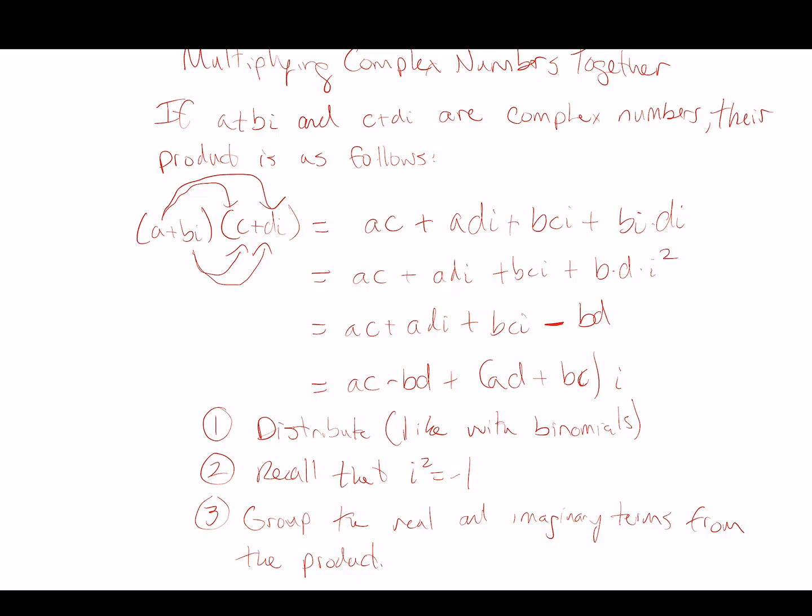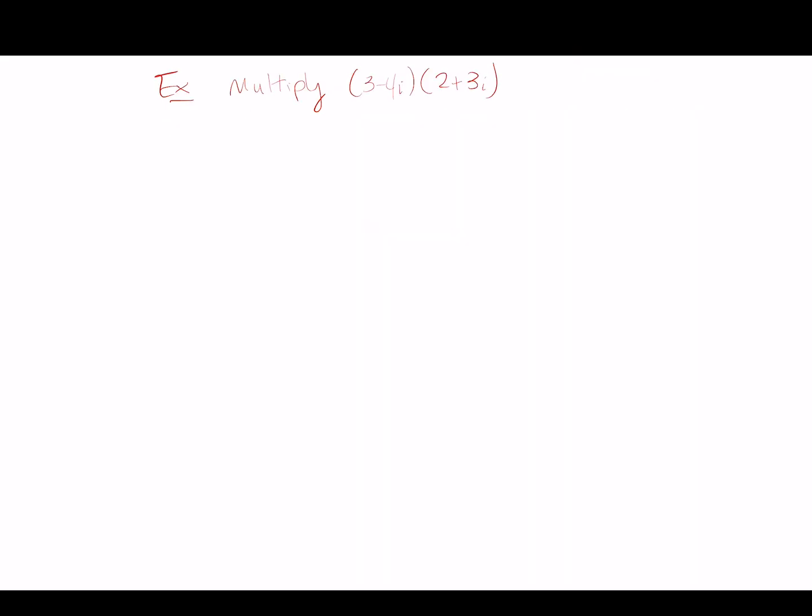Let's try an example. In this example, we'll multiply two complex numbers together. We have 3 minus 4i times 2 plus 3i. So we'll first rewrite those so we can distribute. So we first distribute the 3. 3 times 2 is 6. 3 times 3i is plus 9i.